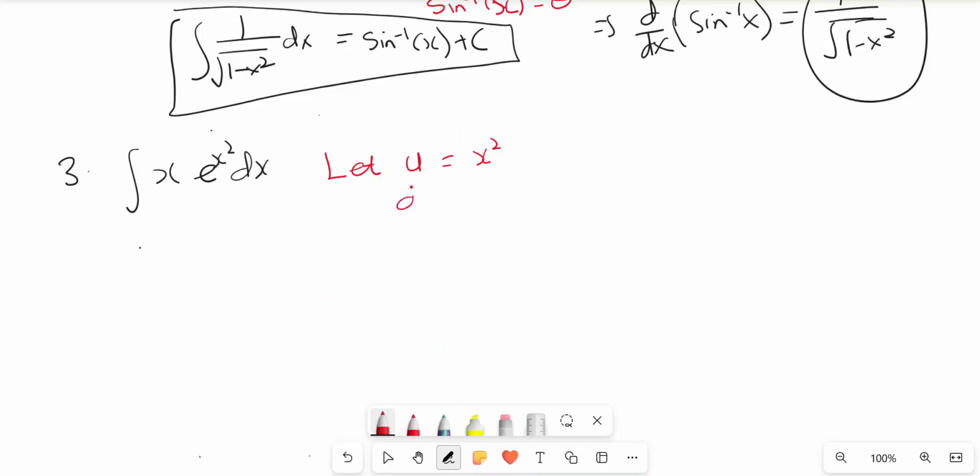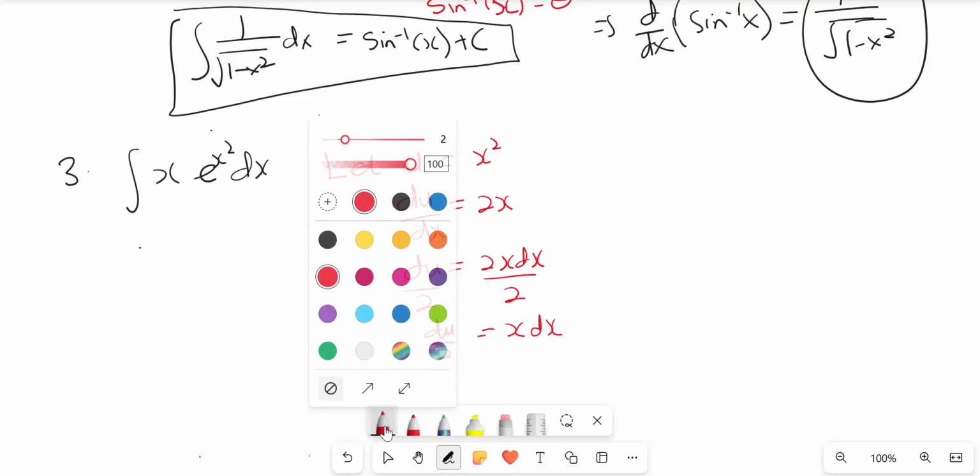Next, du dx is equal to 2x. Multiply both sides by dx, and we have du equal to 2x dx. I just want to divide by 2 on both sides, so I leave x dx equal to just du over 2, because I need that expression here.